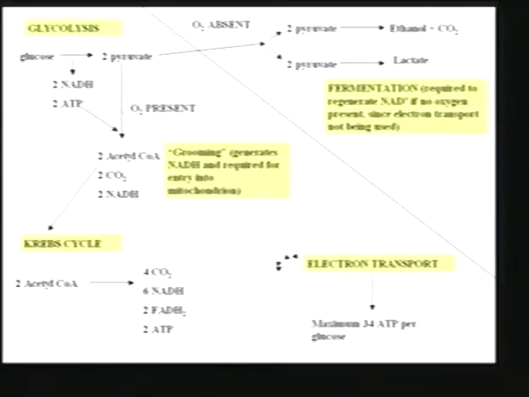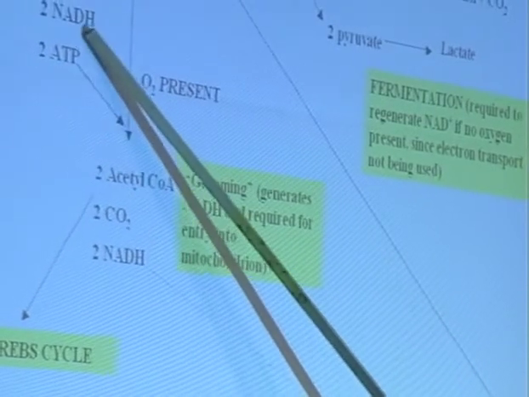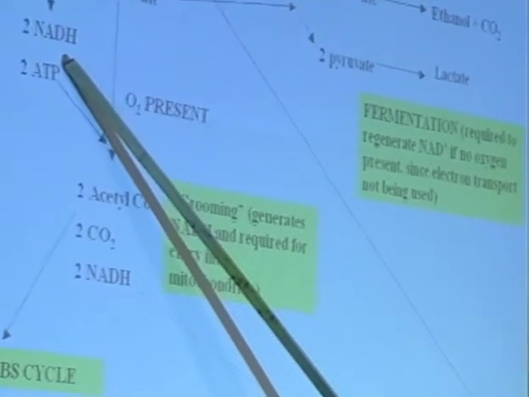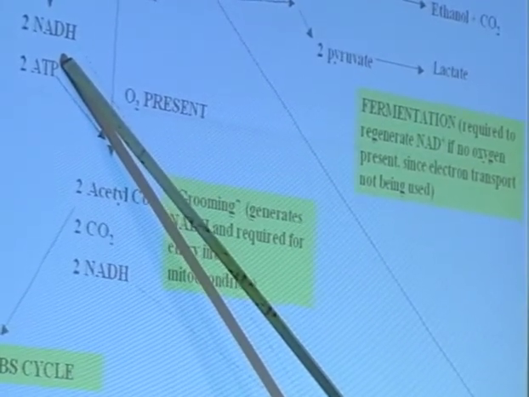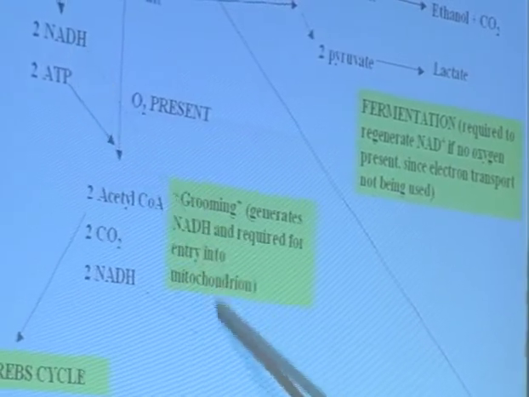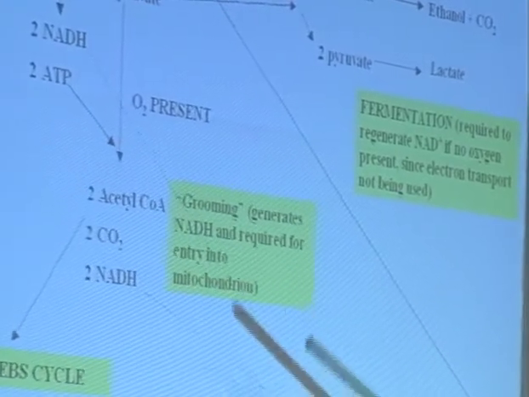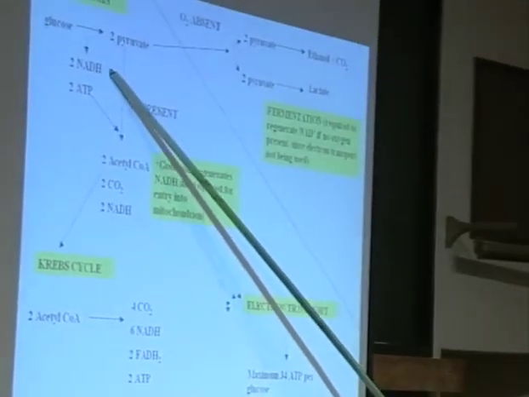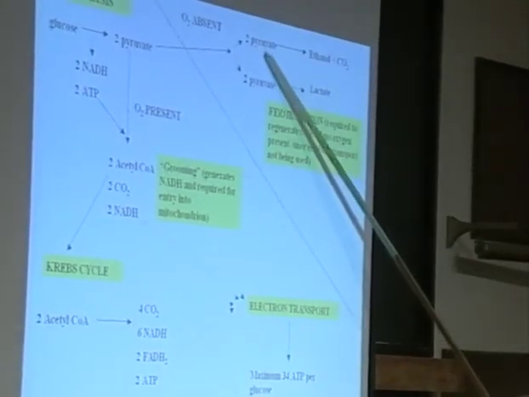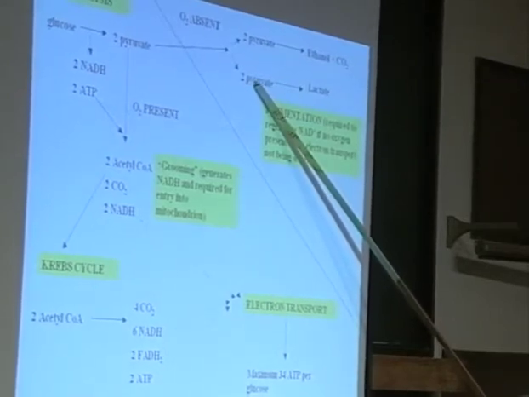Why do cells do fermentation? The reason is because in glycolysis, you generate NADH, you generate ATP. Okay, that's well and good. The problem is you can't pass these electrons off anywhere. Okay? There's nobody to pass them off to because they're not going into electron transport. There's no oxygen. So what happens instead is you have to take these electrons and pass them off to the pyruvates again.